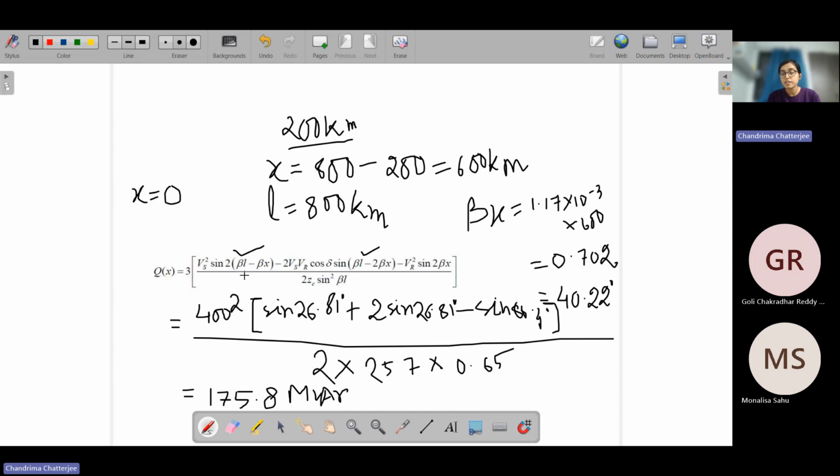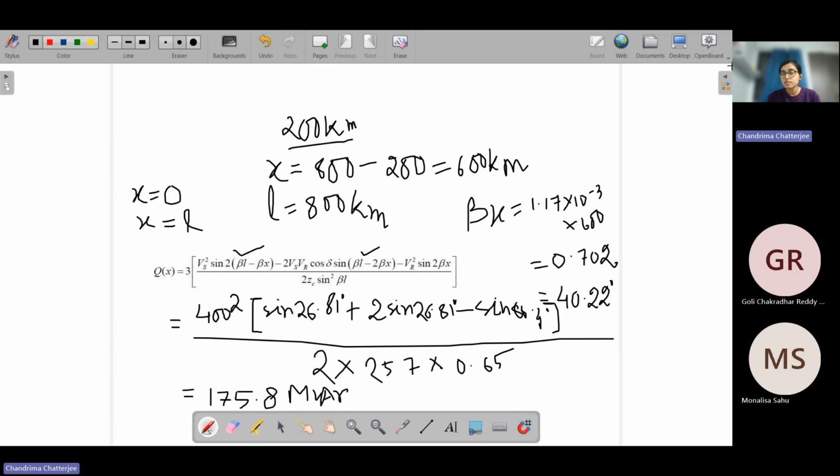Then you will get exactly the expression that we used for sending end. If you put x equal to L, that means the total transmission line we are covering, then you will get the expression for the receiving end reactive power. Okay, this is the generalized expression.